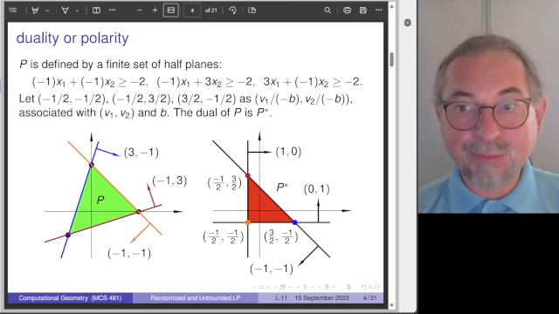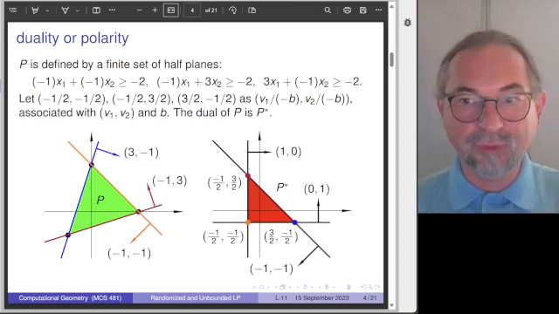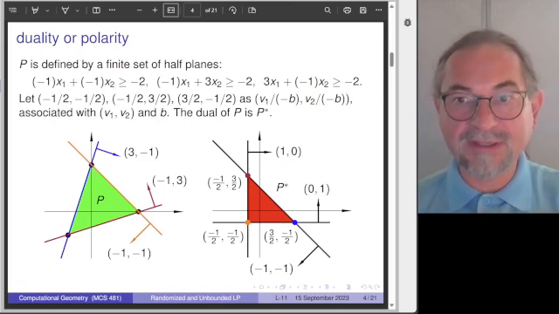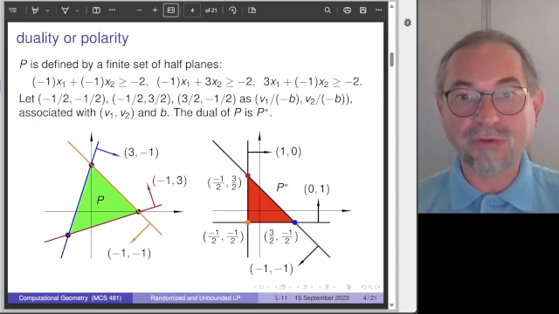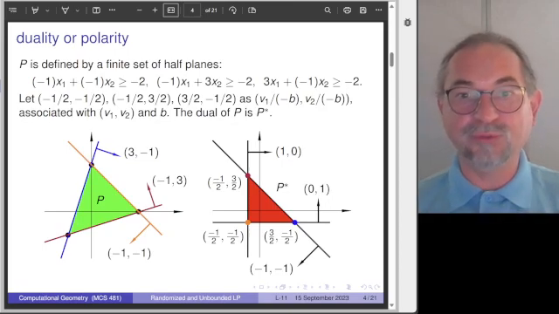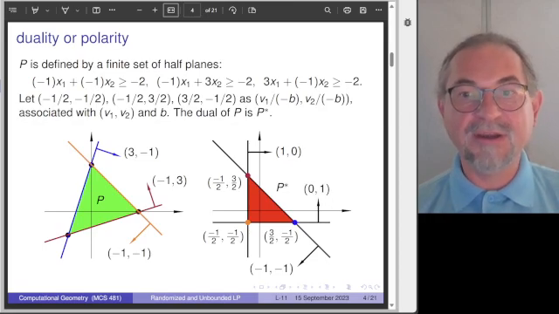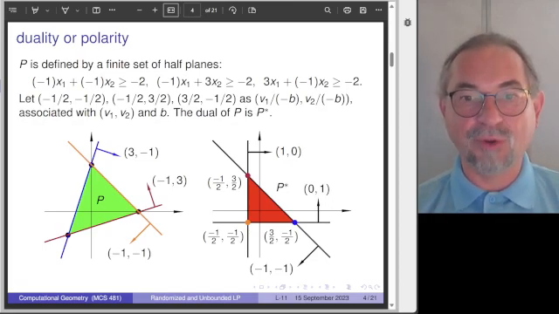Okay, so this is an important concept. The dual of the dual is actually the original polygon. You can read this picture from left to right or from right to left. There is the dual correspondence between points and normals, between normals and points.